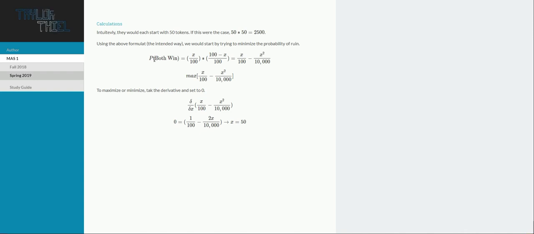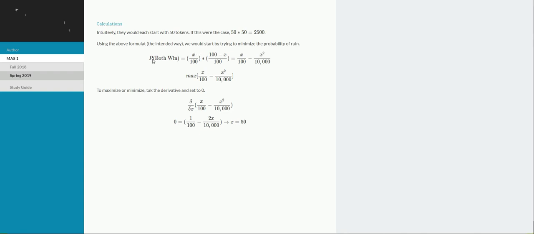In terms of study materials, they talk about ruin a lot, but it's funny, this question actually cares about the probability they both win. And so we need to do 1 minus that value. So all you're left with is the starting number of tokens divided by the ending condition.